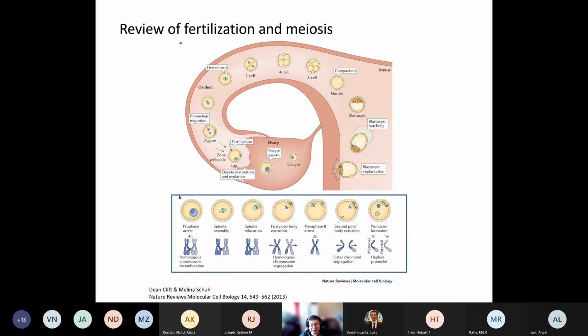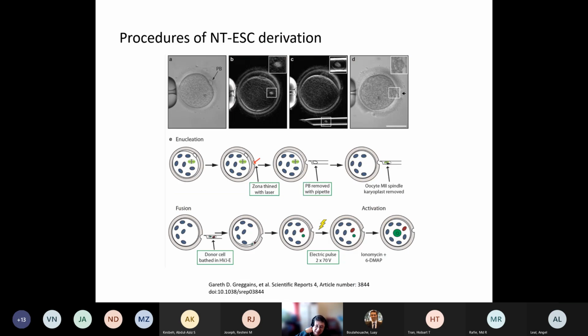At that time, the oocyte becomes 1n. However, you have 1n carried from the sperm. Now the oocyte is actually a zygote, and the zygote is 2n. So I hope you still have that cell biology knowledge kept.